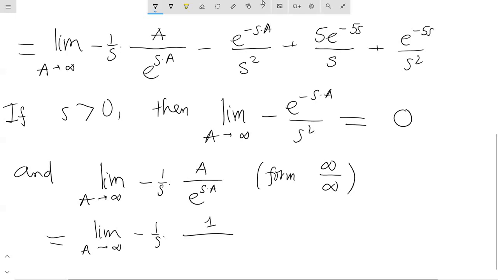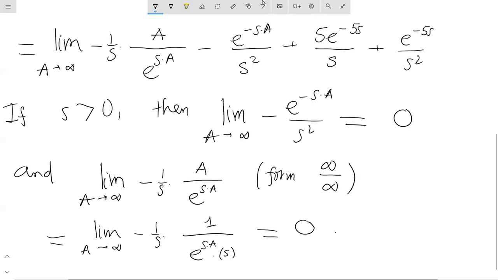The derivative of the denominator in a will give us e to the s times a, and then by the chain rule we have a factor of s here. So then we have 1 divided by a denominator that goes to infinity, so still 0. So even though we have infinity over infinity, the final limit is still 0, provided that s is positive.